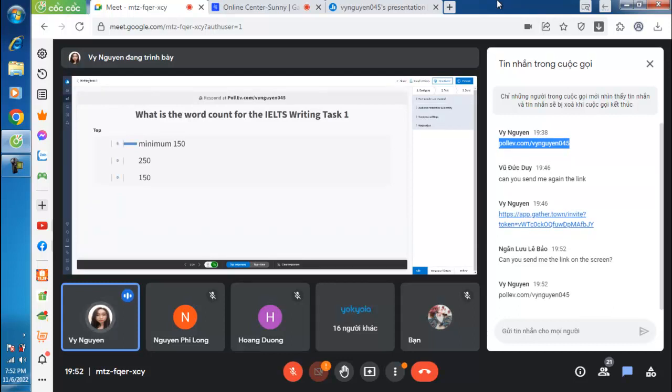Okay, so you copy and paste, right? Just copy and paste it. So our word count is 150 words, right? Not 250. You need to write at least 150 words.